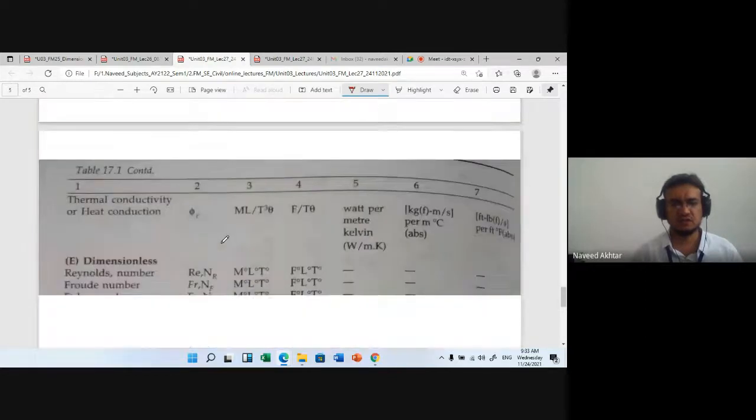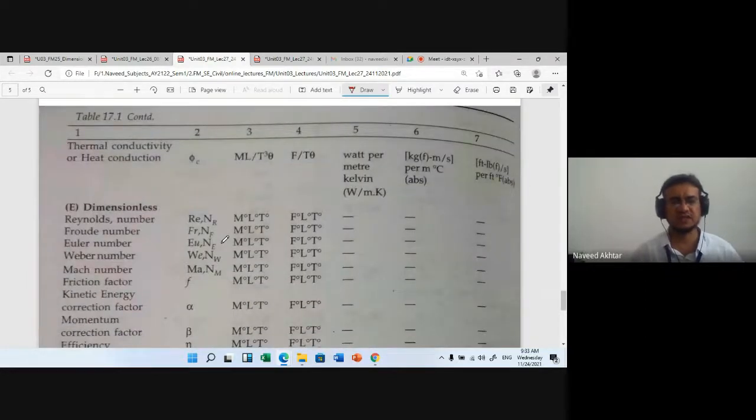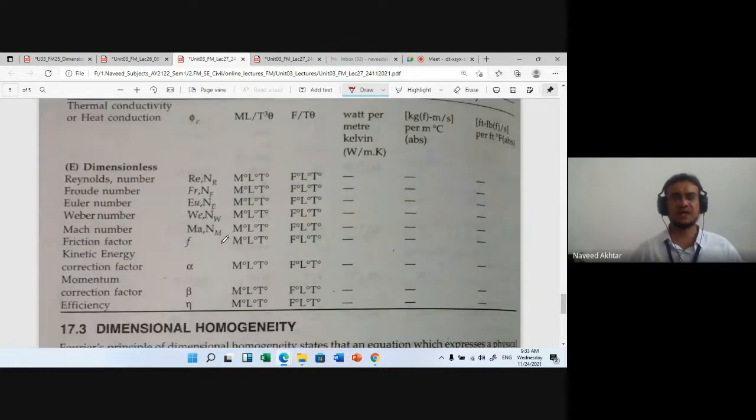So here lots of terms are there, and also some dimensionless numbers are given in this table. That is Reynolds number, Froude number, Euler number, Weber number, Mach number, friction factor, kinetic energy correction factor, momentum correction factor, and efficiency.